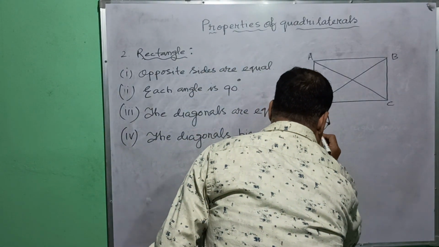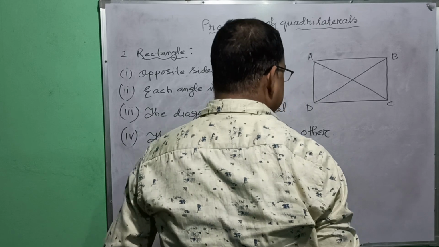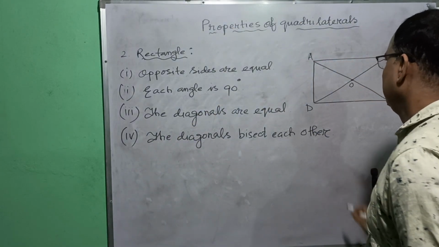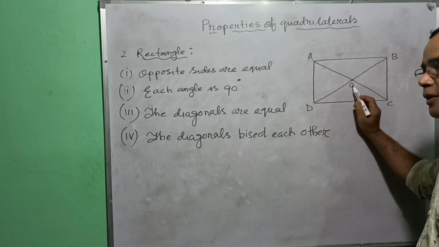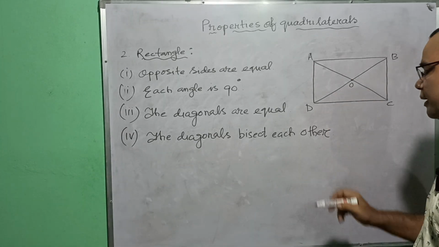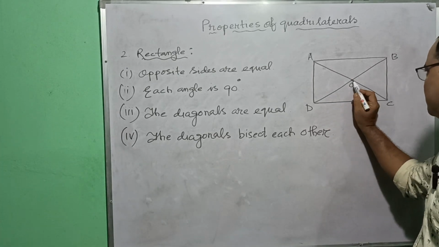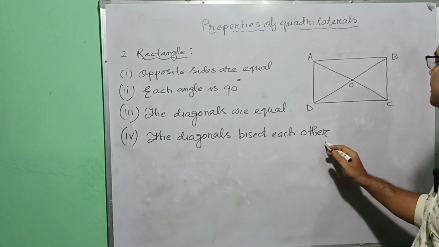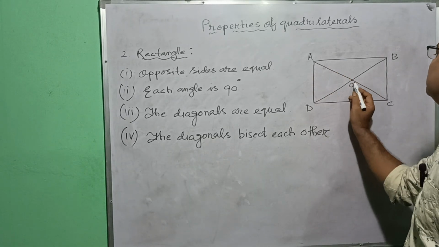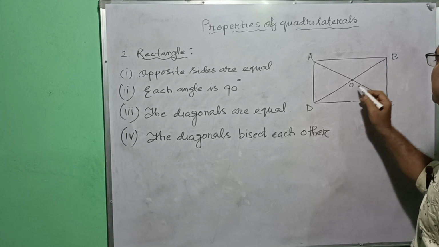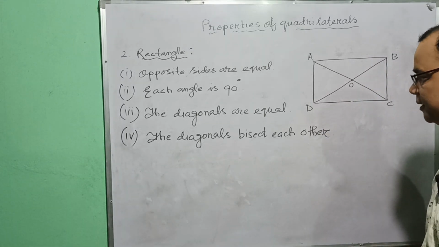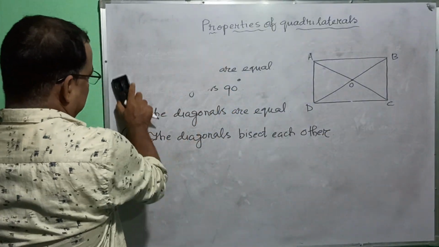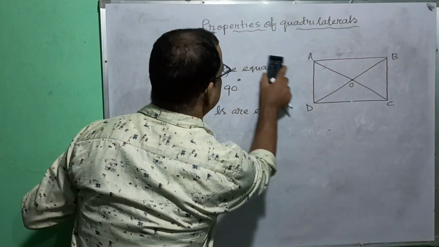It means if O is the point of intersection of the two diagonals AC and BD, then according to this property, OA is equal to OC and OB is equal to OD. So this is called bisection. We have written four properties of rectangle.